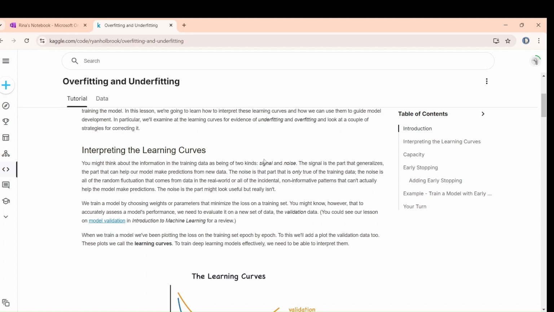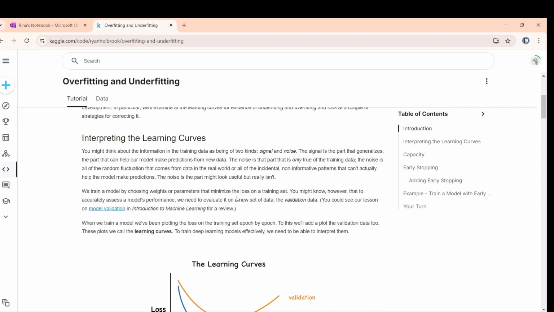From the signal, we can predict the hidden pattern, so what will be our future output? But noise is the kind of randomness and fluctuation that doesn't help you make the prediction, but it is real, so you always have to consider that also. The noise is the part that looks useful but really is not.